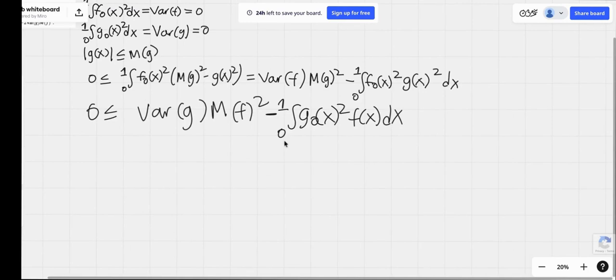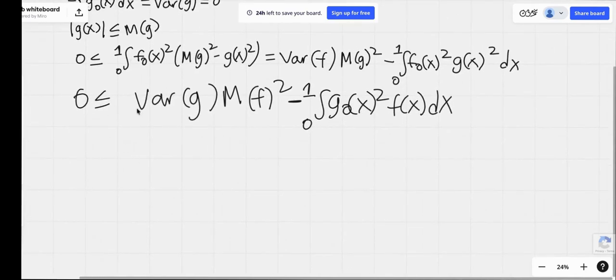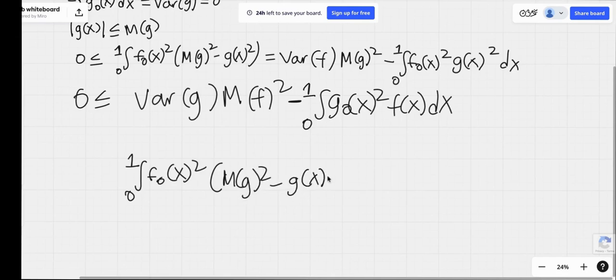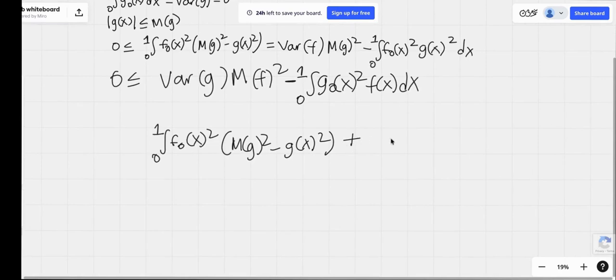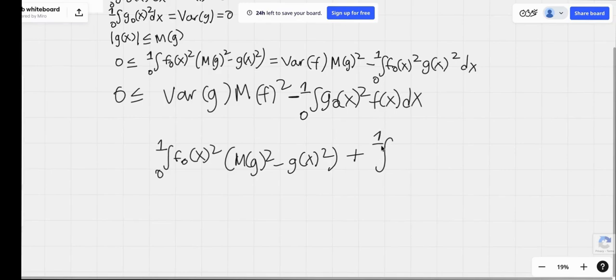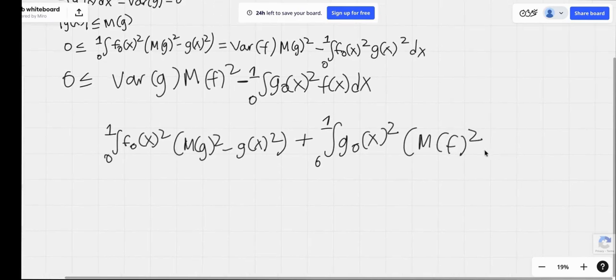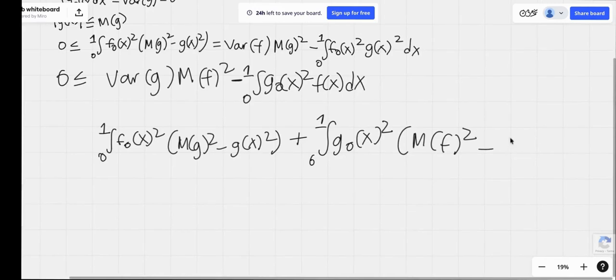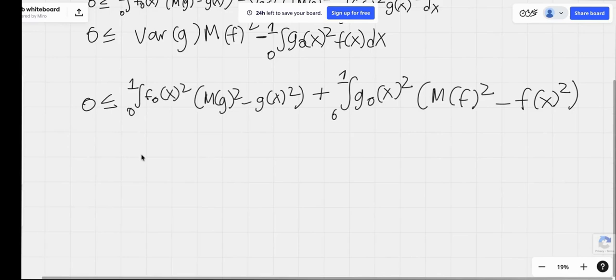And if we add these two things, we will get that this thing plus this thing, the integral of f naught of x squared times (big M of g squared minus g of x squared) plus the integral of g naught of x squared times (M of f squared minus f of x squared), must be greater than or equal to 0.